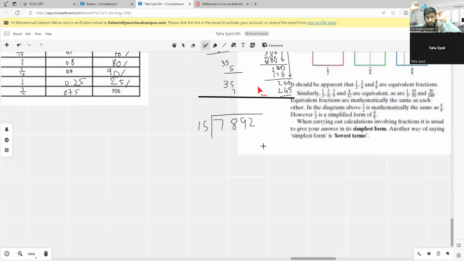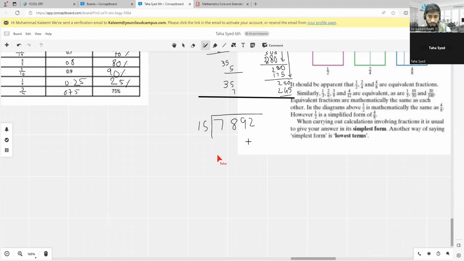Now what do we have to do? Firstly, you just have to check the first digit, that is 7. So we'll go to the next digit, that is also 8. 78. Oh, wait, we're going for 15, right? 15 times 5 becomes 75.